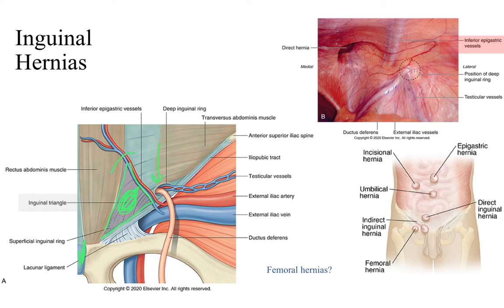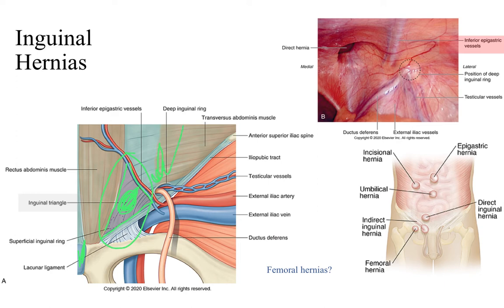And so direct inguinal hernias will actually occur medial to where the indirect inguinal hernias occur. And notice that it's potentially a much bigger space, so direct inguinal hernias may allow for more abdominal contents to poke through the abdominal wall than you would see with an indirect hernia.